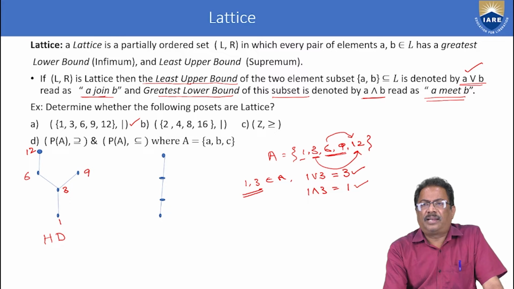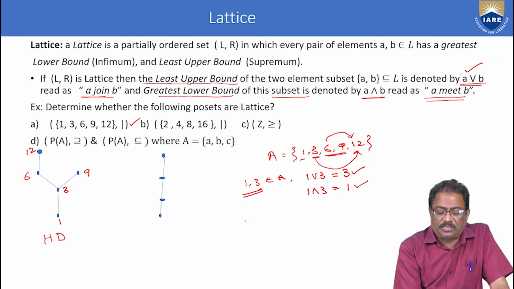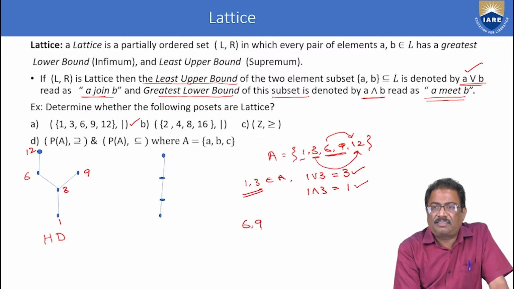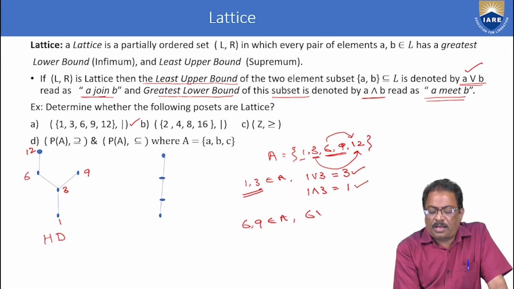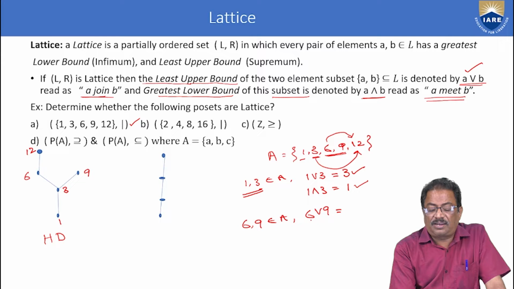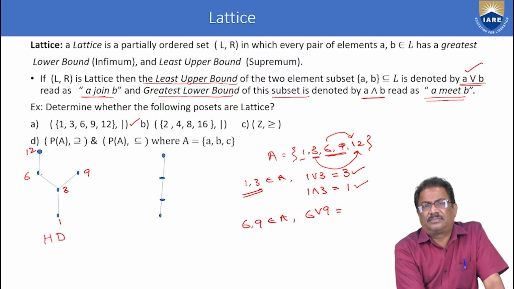Like that, we have to select every pair of two elements. Let us consider 6, 9, another two-element subset belonging to A. What is the least upper bound of 6, 9? 6 is related to 6 and 9 is related to 9, but between 6 and 9 there is no relation.